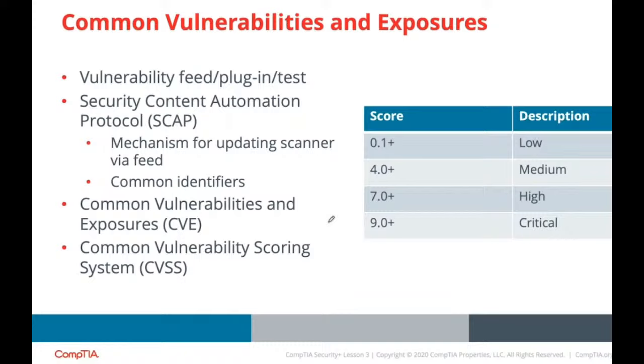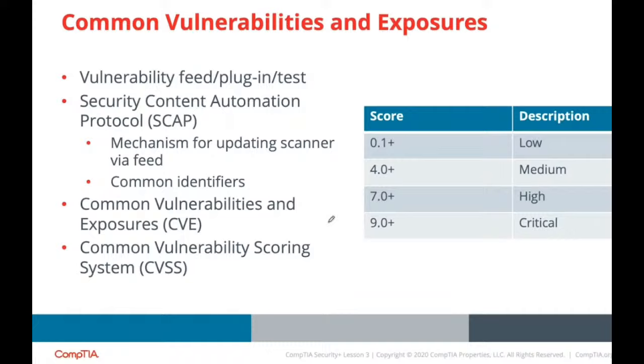And there is common vulnerability and exposure. The automated scanner needs to be kept up to date with information about known vulnerabilities, and this information is often described as a vulnerability feed. The different tools have different names for that.